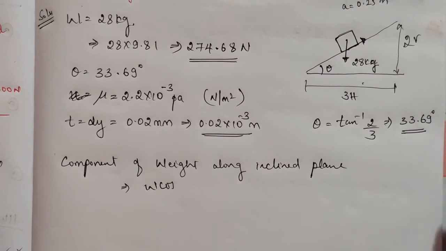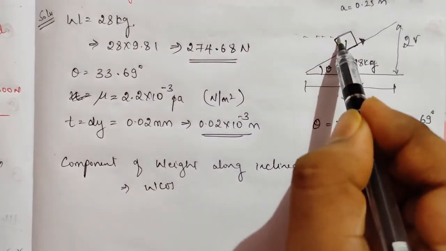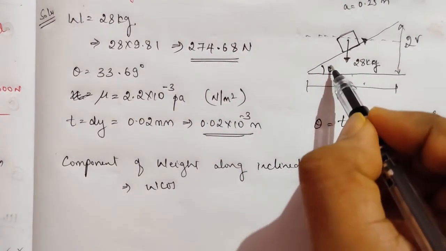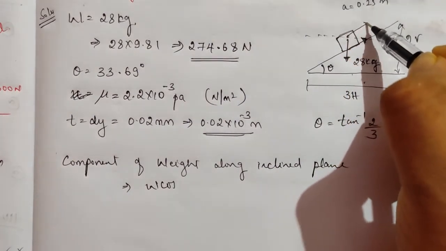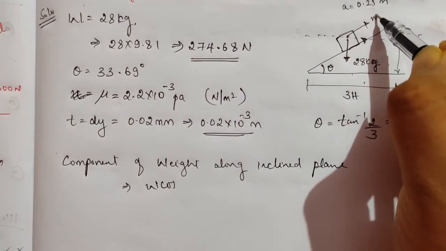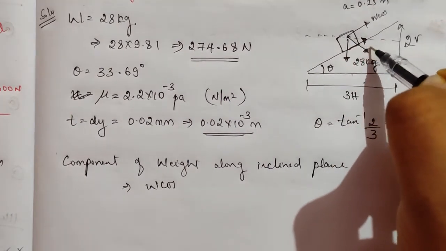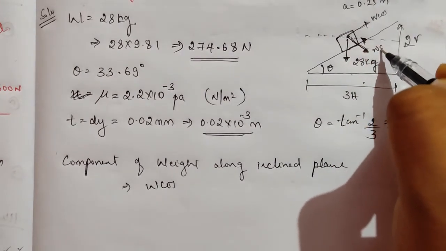Now what will happen here? See, if I take a line parallel to this, so this is theta, so the component will be W cos. This is 90 degree towards perpendicular, so it is W sin.